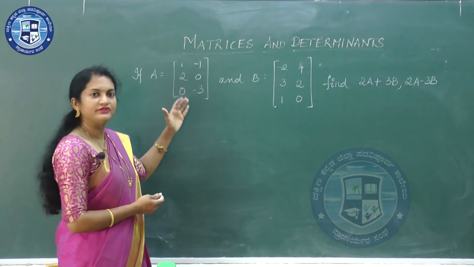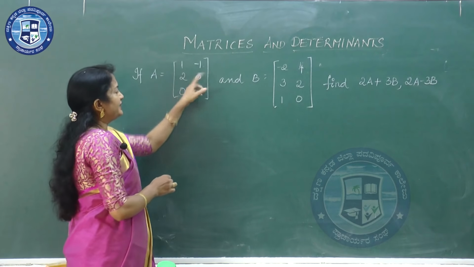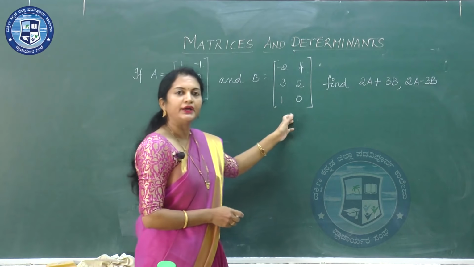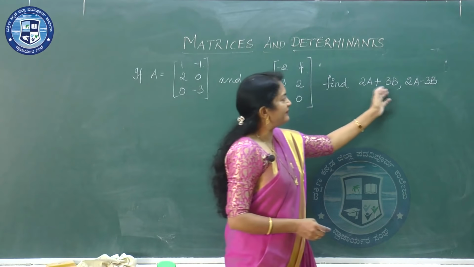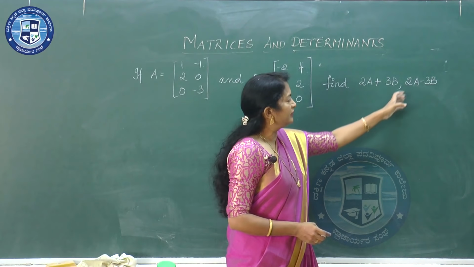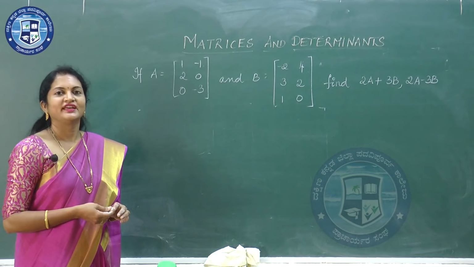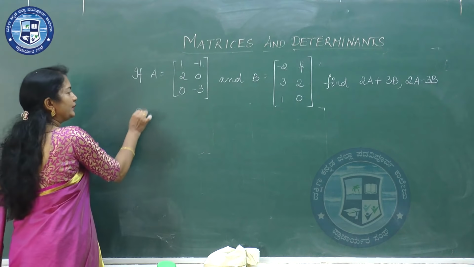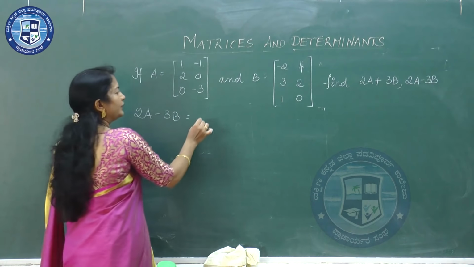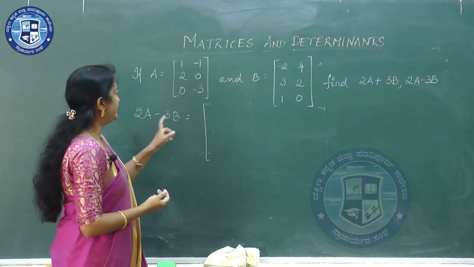Now we will see the question. If A is equal to 1 minus 1 2 0 0 minus 3 and B is this matrix, find 2A plus 3B and 2A minus 3B. This is the question. Now we will find what is 2A minus 3B. 2A, now I will write directly because in the previous question already we had done.